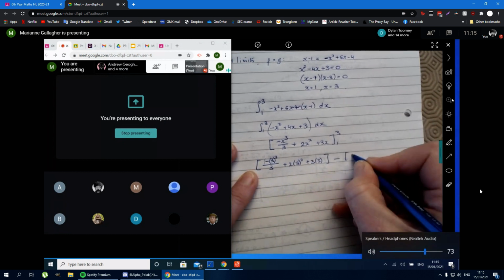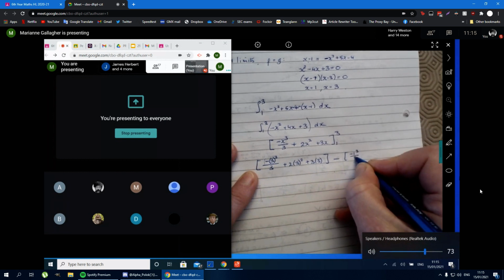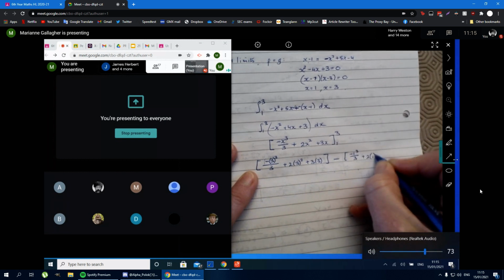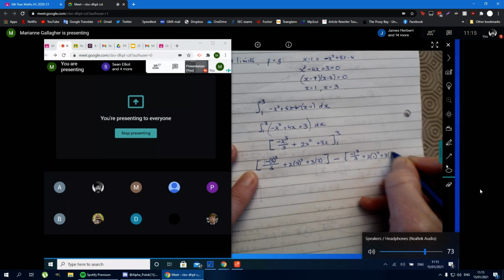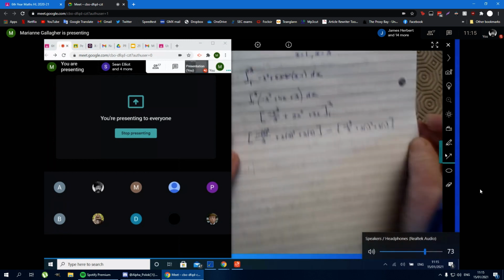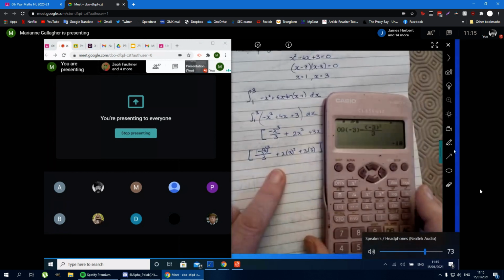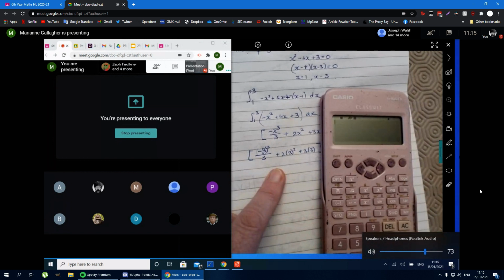Minus the second bracket, which is minus 1 cubed over 3 plus 2 times 1 squared plus 3 times 1. Put it into the calculator exactly the way you have it there. So we're going to have negative 3 cubed over 3 plus 2 bracket 3 squared plus 3 bracket 3.